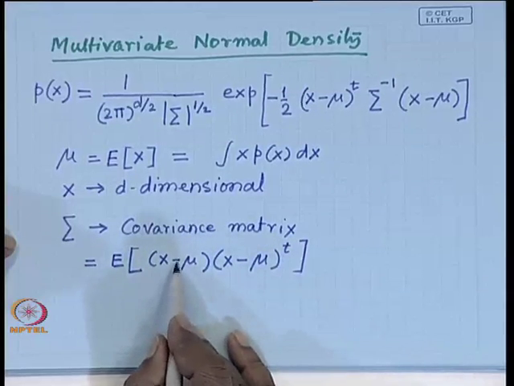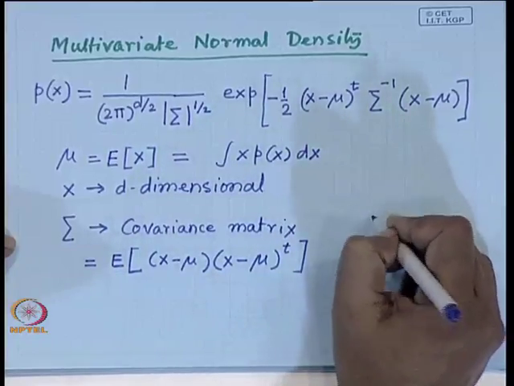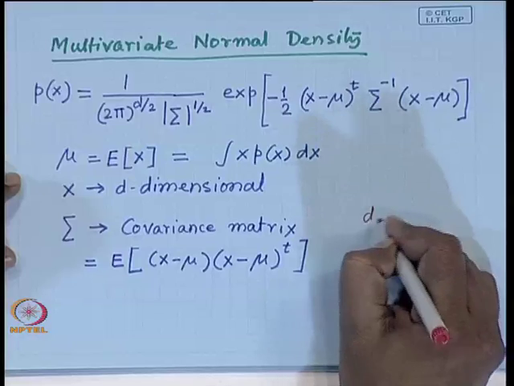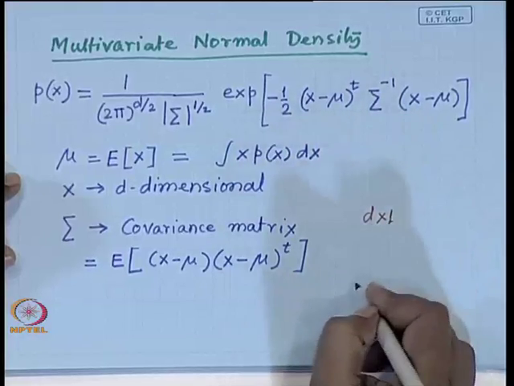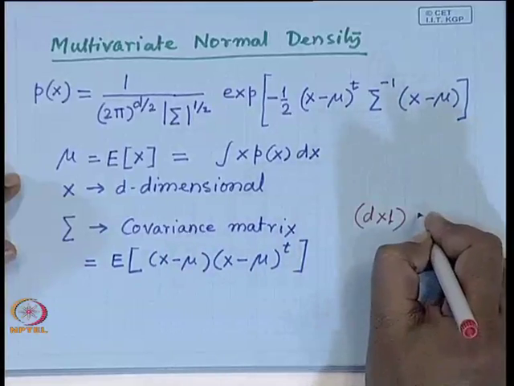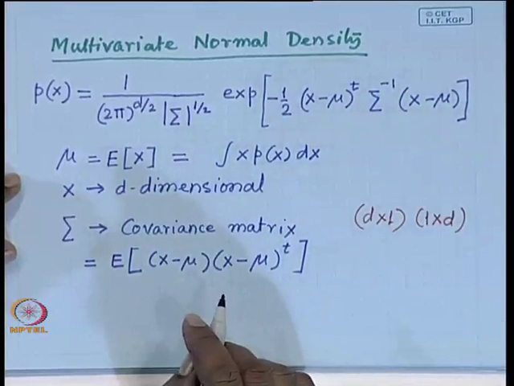So, x minus mu is of dimension d by 1, because it is a column vector. And (x minus mu) transpose is a row vector of dimension 1 by d.